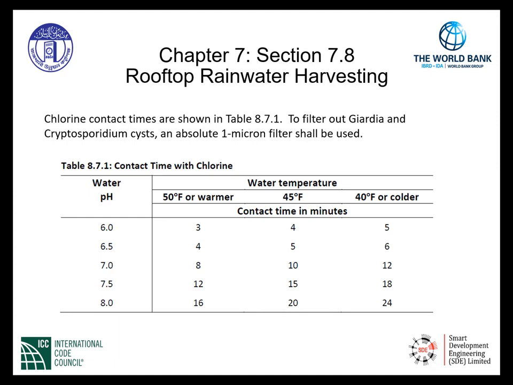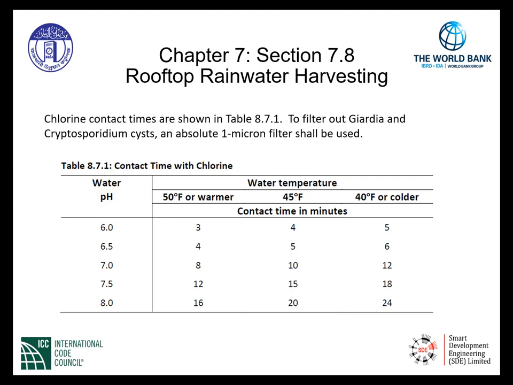For chlorine to be effective as a disinfectant, it must be in contact with the water for a minimum amount of time. Water temperature and pH both affect the amount of time chlorine needs to complete the disinfection of the system. From the table, it can be observed that chlorine takes longer at a cold water temperature.